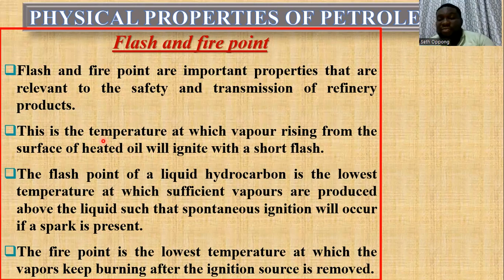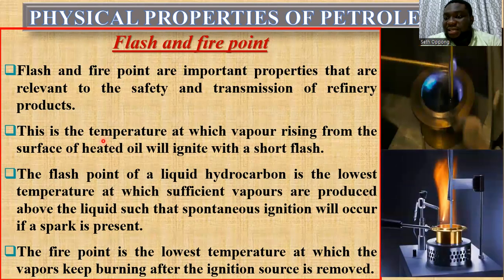And the fire point is the temperature at which this crude oil will catch fire. One will ask, what is the importance of the flash point and fire point? The flash point determines how flammable a petroleum product is. You might have noticed if you go to a filling station, they write highly flammable. What does it mean? It means that that substance can easily catch fire. So the flash point and the fire point will determine how flammable the product will be.